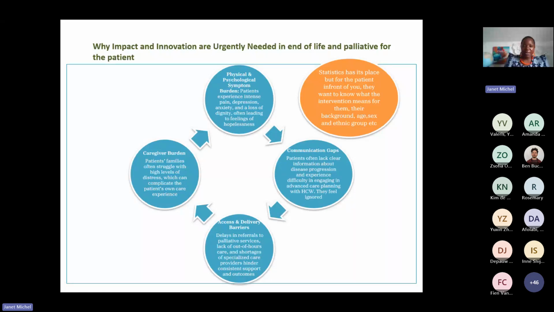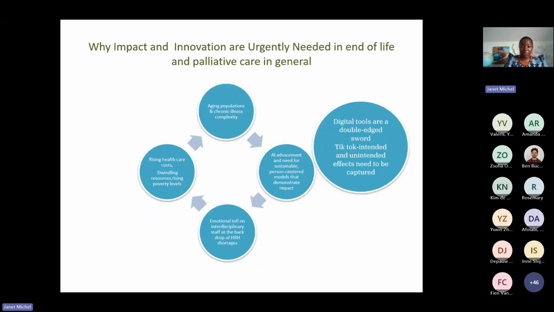And looking at our societies right now, we have an aging population with chronic illnesses and the complexity that this brings about. What interventions produce impact? We need to know it. And we have AI and the advancement and the need for even more personalized, person-centered care that demonstrates impact, because we know that digital tools are a double-edged sword, right?